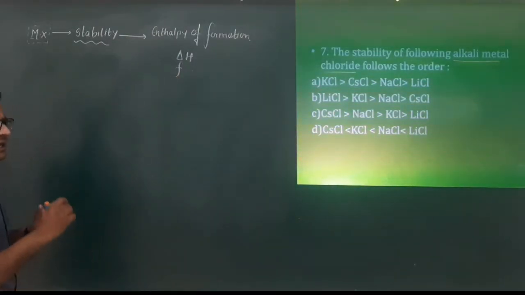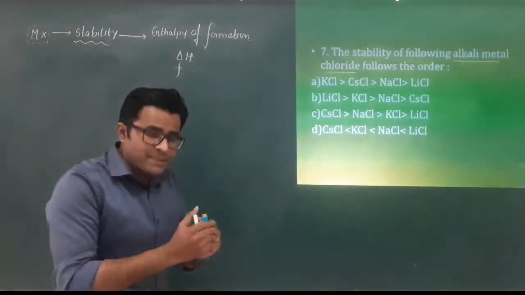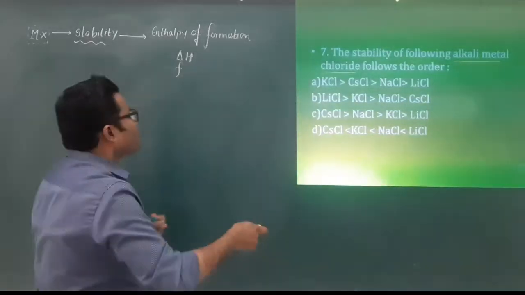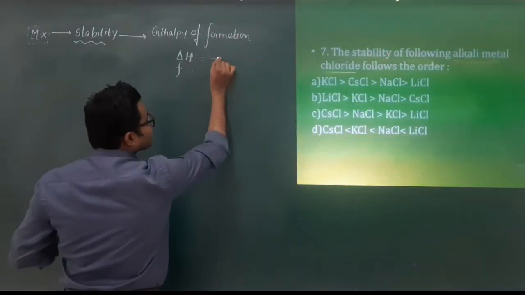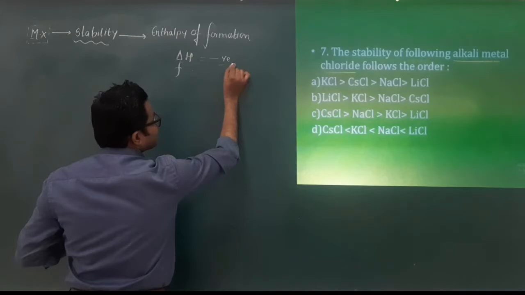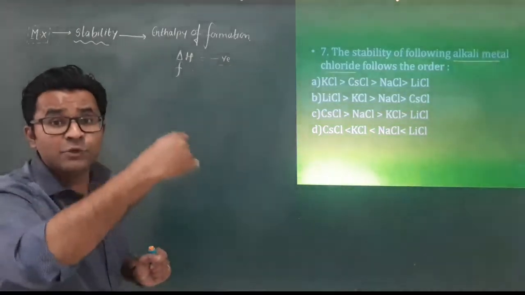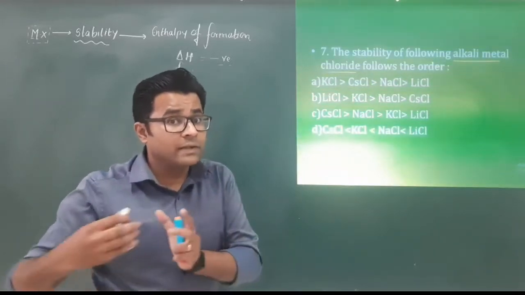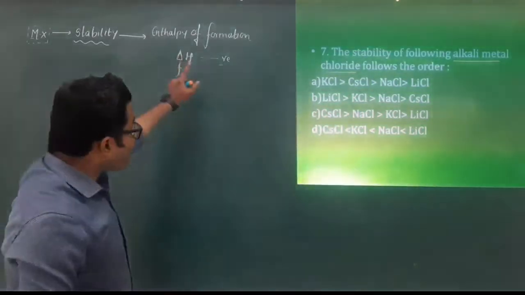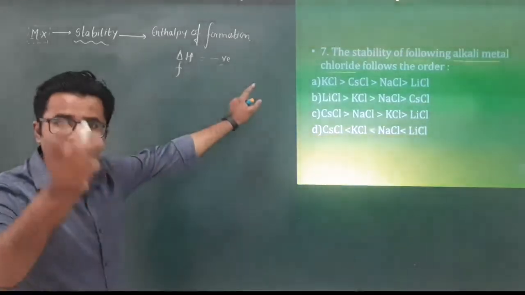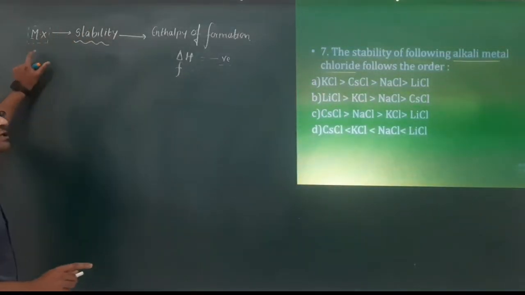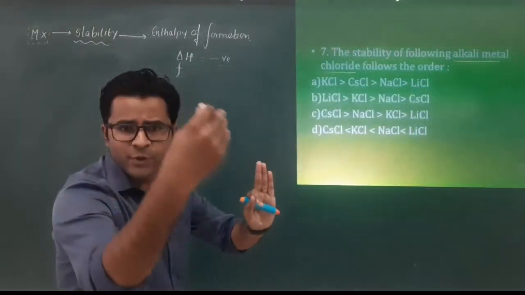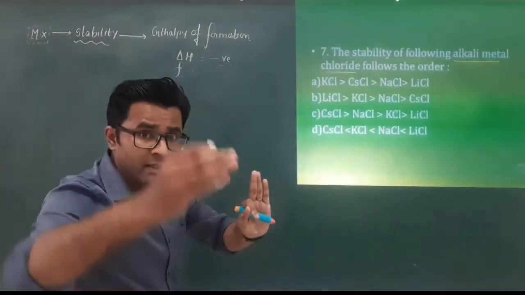For your understanding, when a substance is formed, a small amount of energy is liberated, and we give it as negative. If it is liberating, we give it as negative, an exothermic reaction. If it is absorbing, we give it as positive, an endothermic reaction. The more energy that is released, the more stable the compound formed. Simple concept as that.